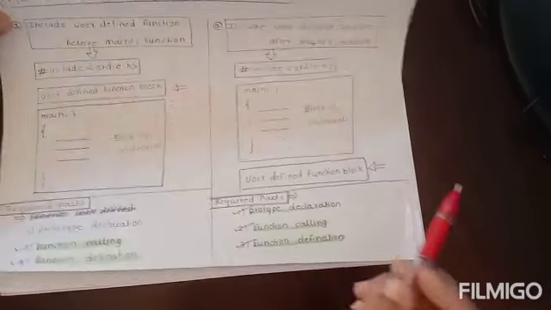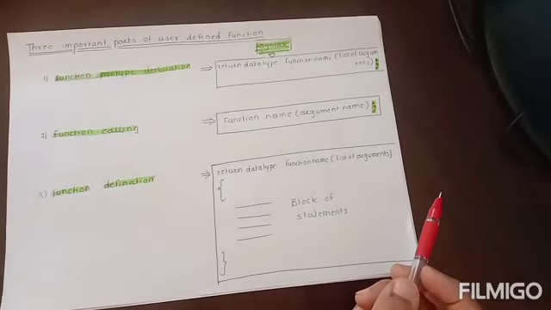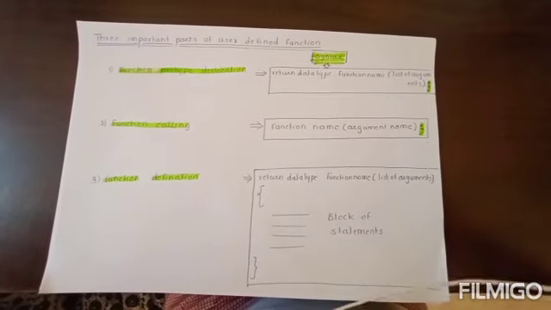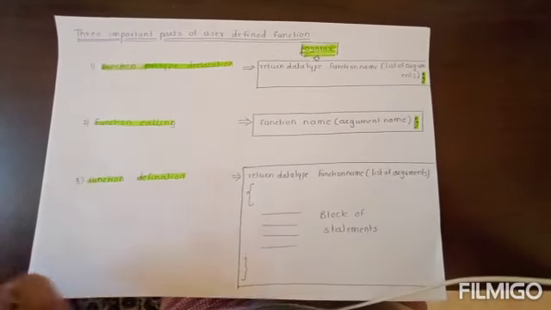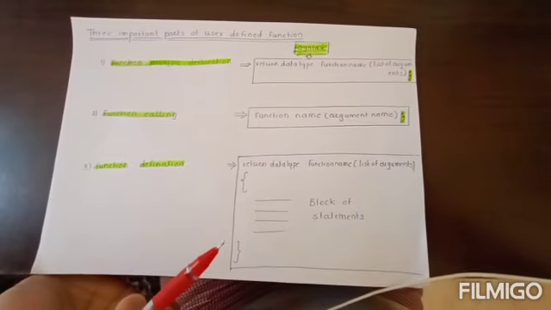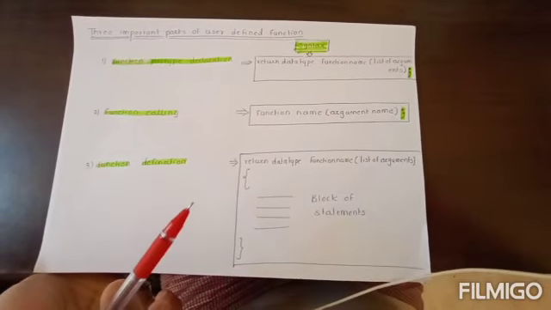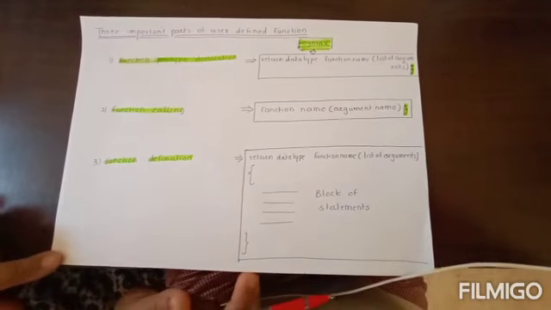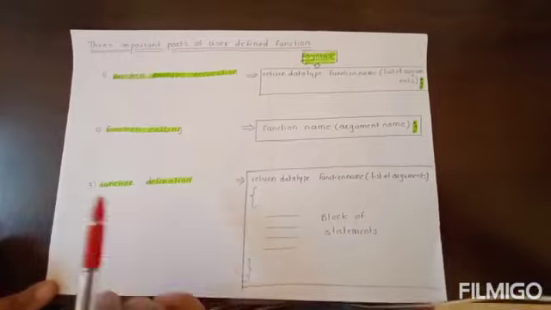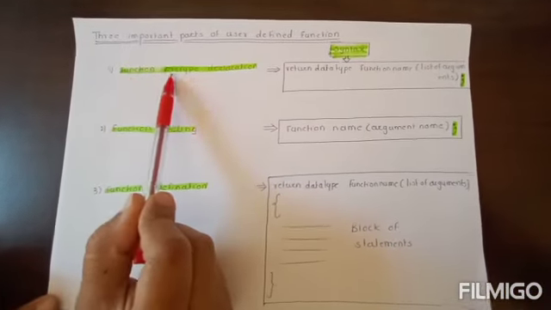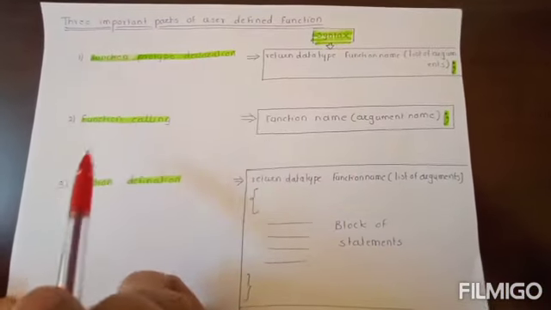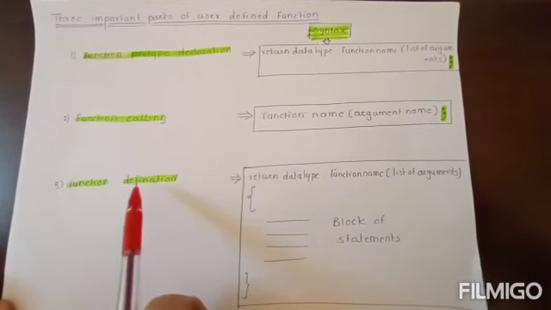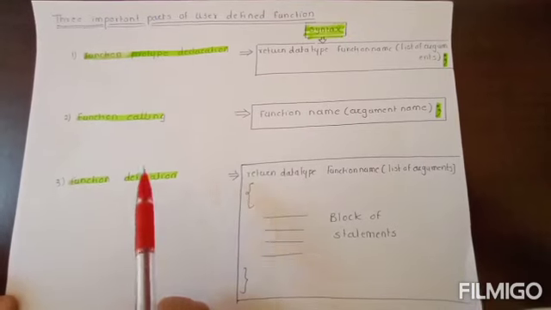Now the next part is, if I want to include my user defined function, then 3 important parts we have to consider: function prototype declaration, function calling, and function definition.